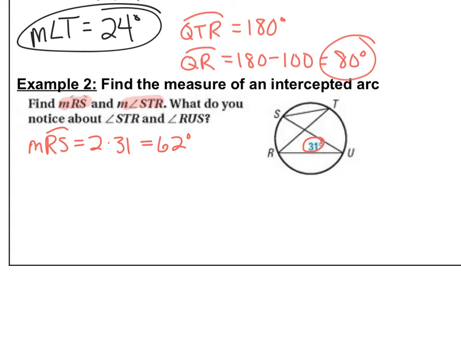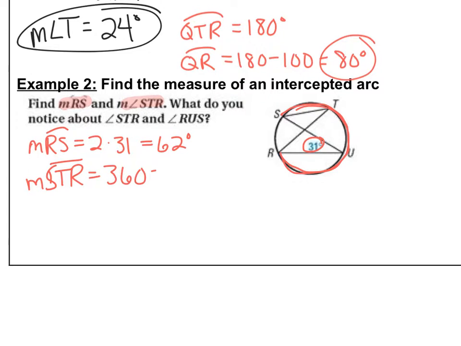And then they want to know what we notice about arc STR. Remember that a circle is 360 degrees, so STR is going to be equal to 360 minus 62.